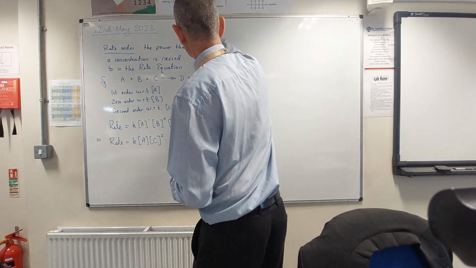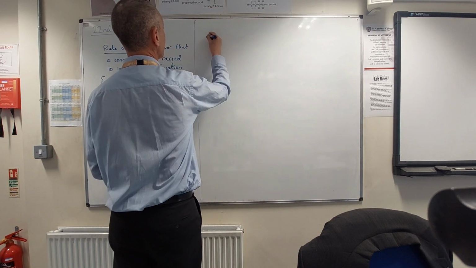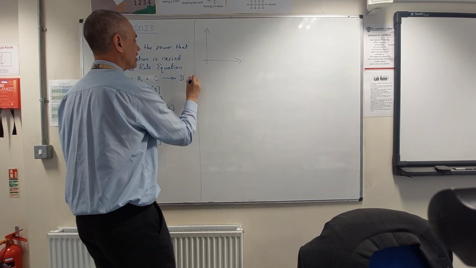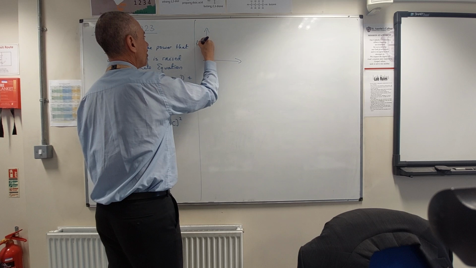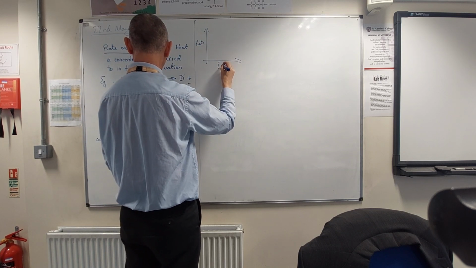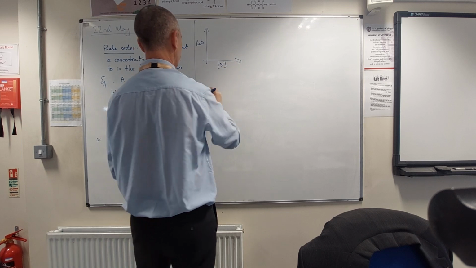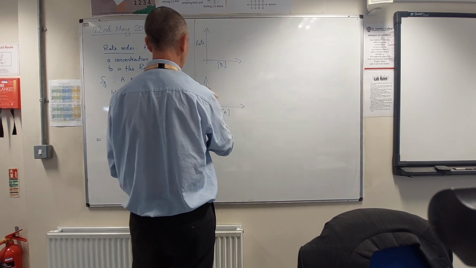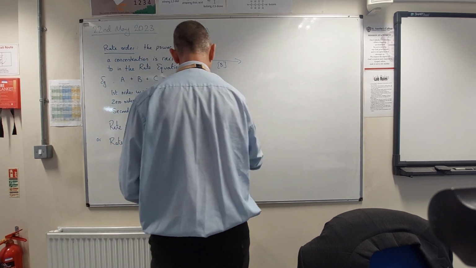So you've got 3 graphs now. The E's gone. So we've got rate, what did we say? Concentration of B was 0 order. Concentration of A was first order.